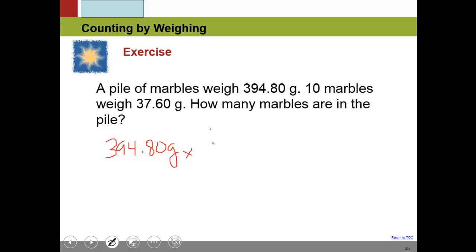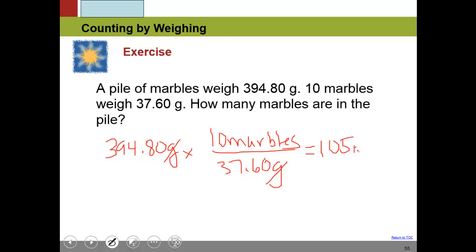And we know that 10 marbles will weigh 37.60 grams. The grams will cancel and we're going to get marbles. And so we can see that we have 105 marbles, roughly.